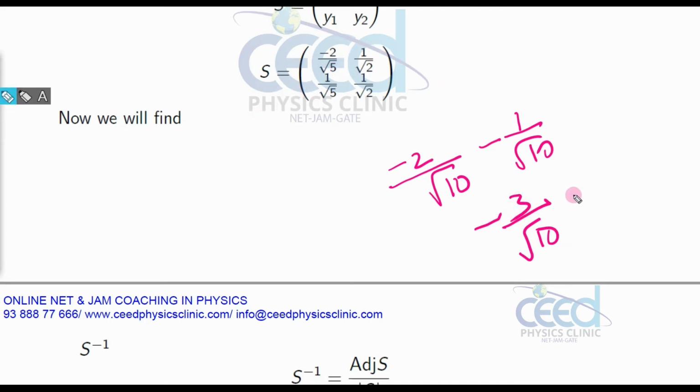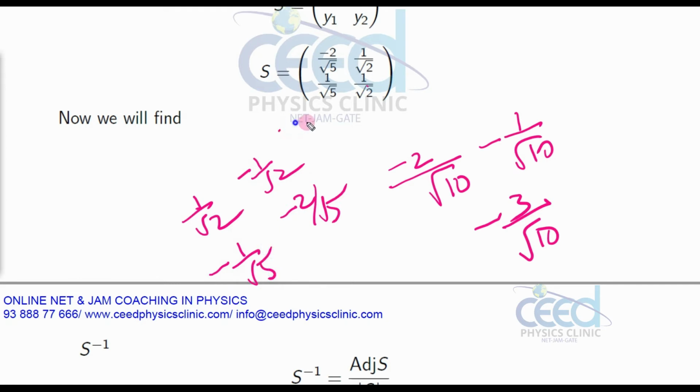And what is the inverse? You can find the adj very easily. For the second order matrix, you can easily find the inverse by interchanging the diagonal elements, and then changing the sign of the other two without interchanging them. That gives 1 by root 2, minus 2 by root 5, minus 1 by root 2, minus 1 by root 5. Once you do that, you divide with the determinant, that is 1 by determinant S, which is minus 3 by root 10.